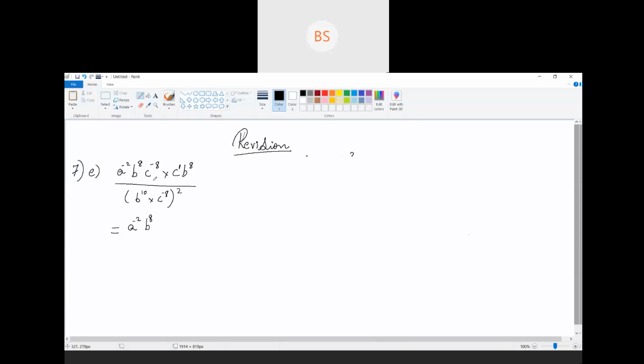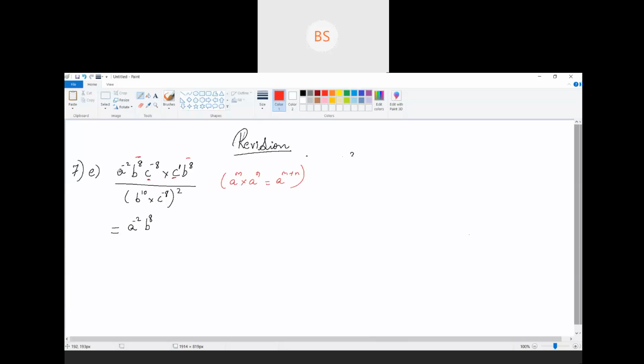Now as you can see, in the numerator we have c and c powers, bases are common here, no? And here b and b bases are common. So what I have to do? I have to apply the law, that is a raised to m into a raised to n is equal to a raised to m plus n.